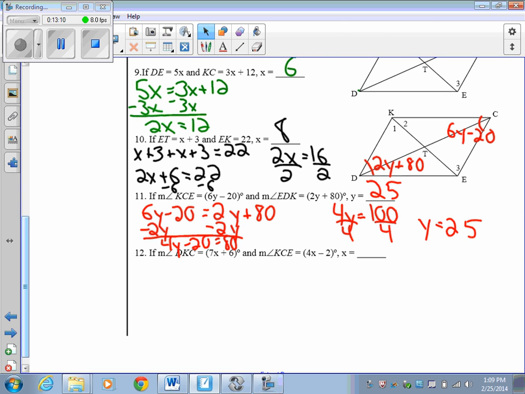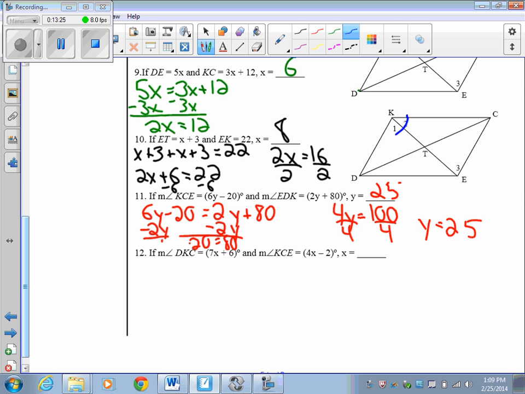The last problem is number 12. We're told that the measure of angle DKC is 7x minus 6, and KCE is 4x minus 2.